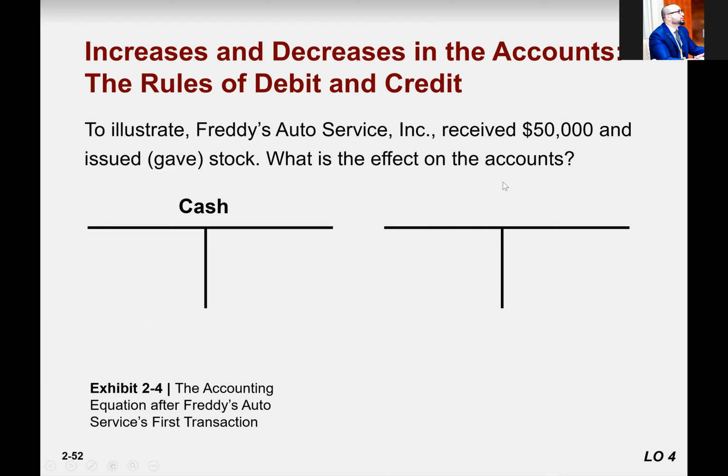We also did this example here, so let's just reread that. We have the company Freddie Auto Service Incorporation, which received 50,000 and issued stock. So this is a transaction. The double entry system says it has to affect at least two accounts.